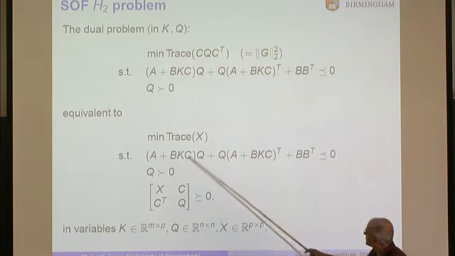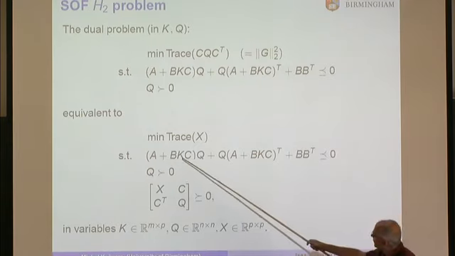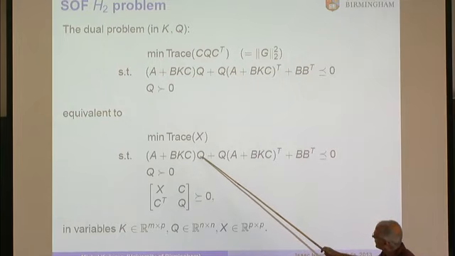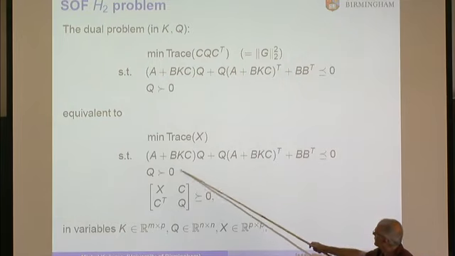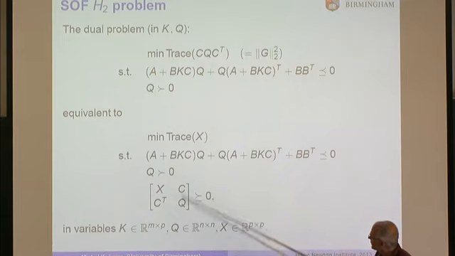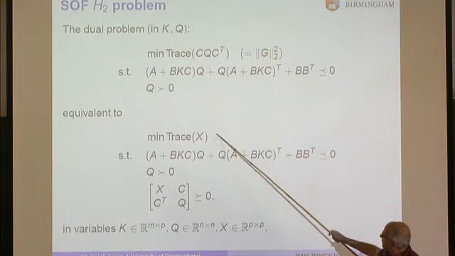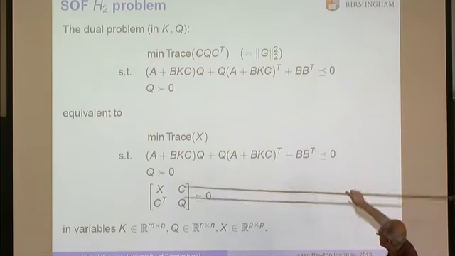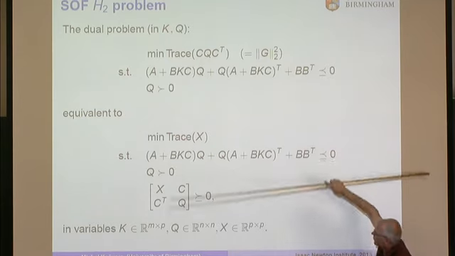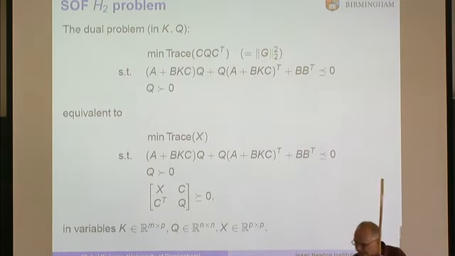Again, we have this Lyapunov condition here with variables K and Q. Q is positive definite, so this is bilinear, this is linear, and we have some additional linear constraint. We have a linear objective. So this is the tricky part here.